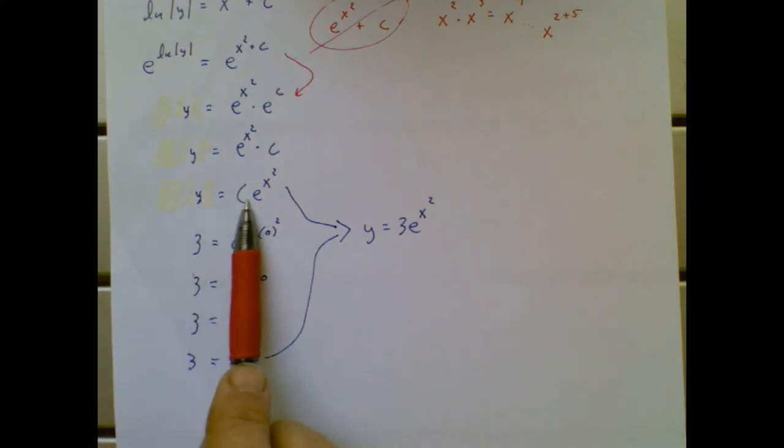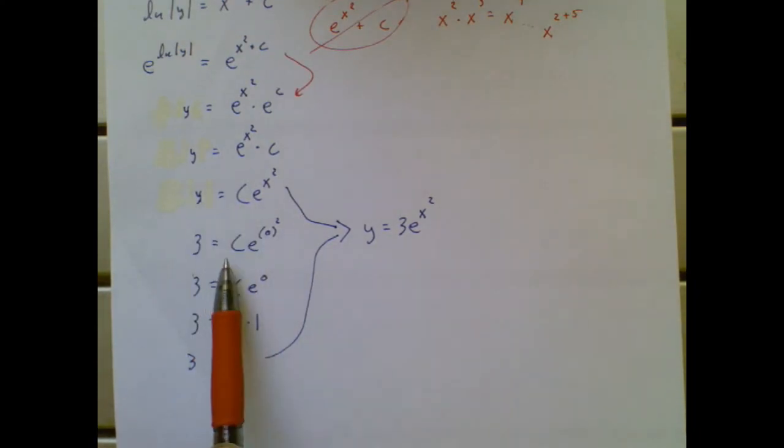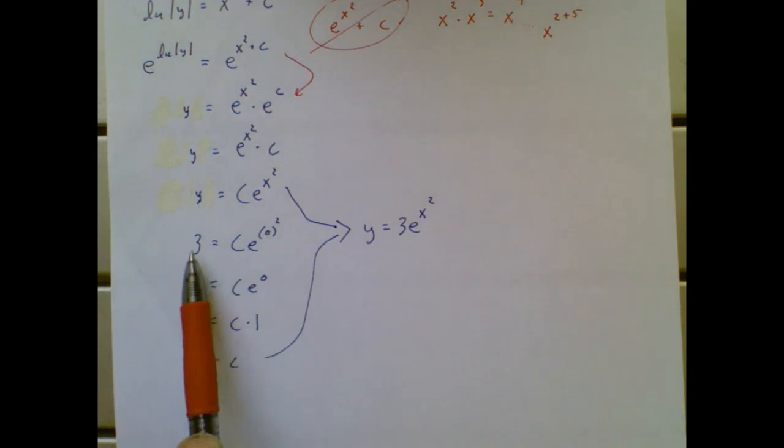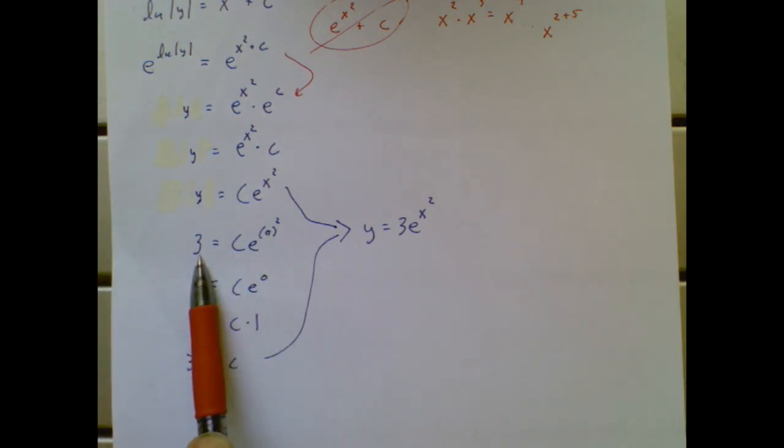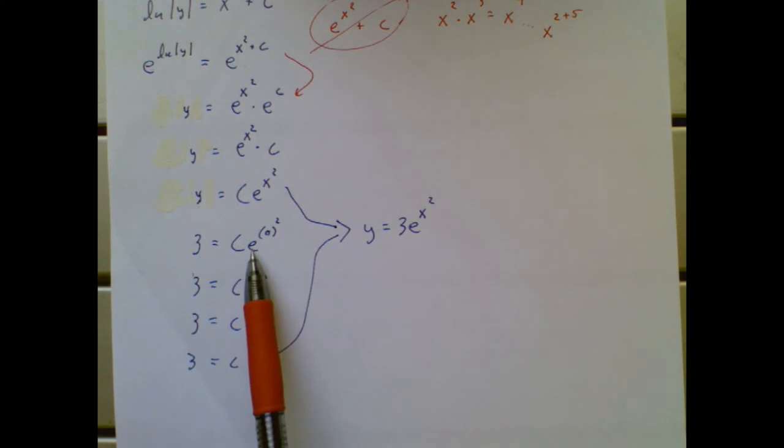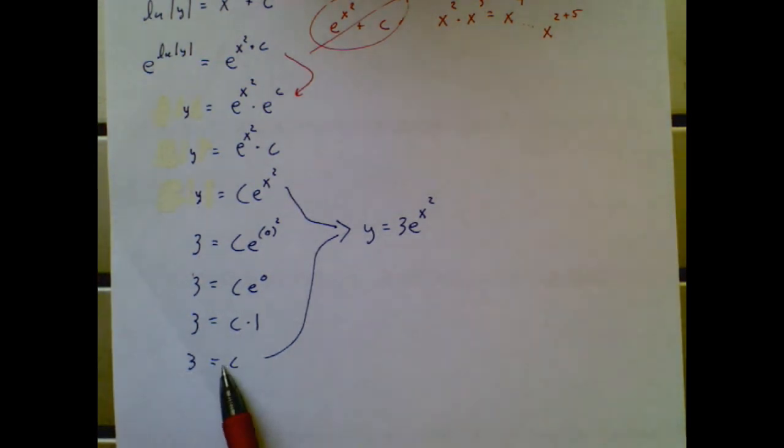Here I've solved for y. I plug in x equals 0, y equals 3, because that was in the initial condition. And lucky for us, 0 squared is still 0, which makes that a 1. That's really easy to solve for c. c equals 3.